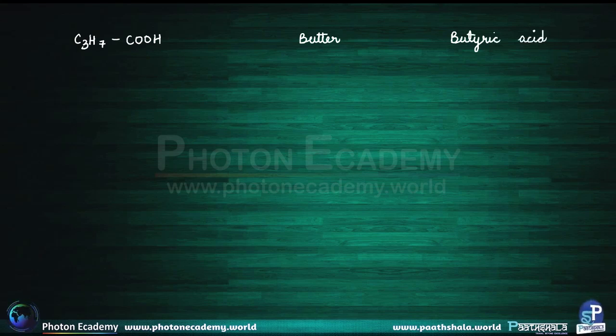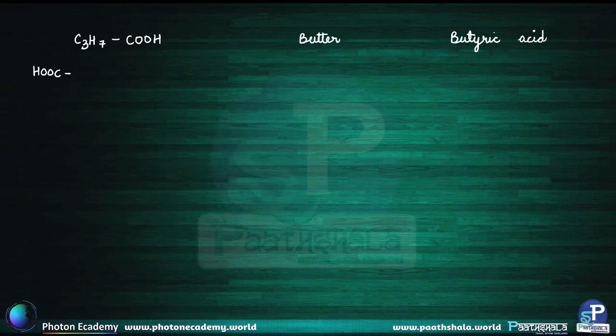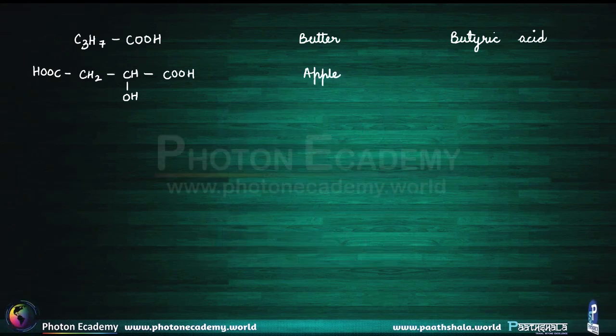If the structure is COOH, CH2, CH(OH), COOH, the source is apple and the common name is malic acid.